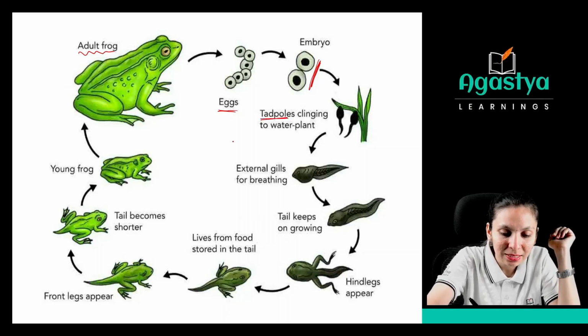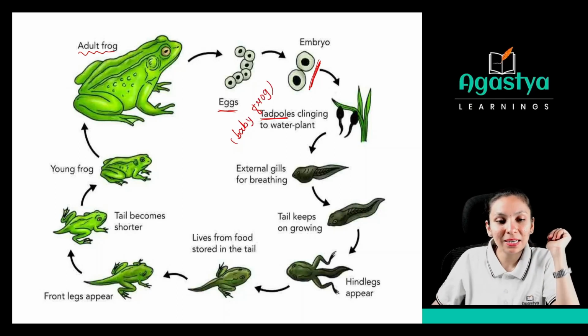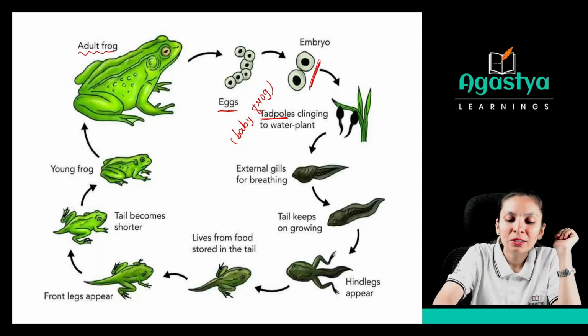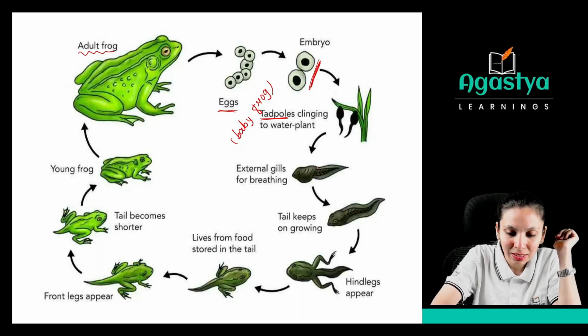This tadpole is the baby frog. Because from the embryo, you know, a baby bird is there, so tadpole is the name for the baby frog. This tadpole will be clinging to the water plant because they are living in water. After that, external gills for breathing develop. See, can you see this one?